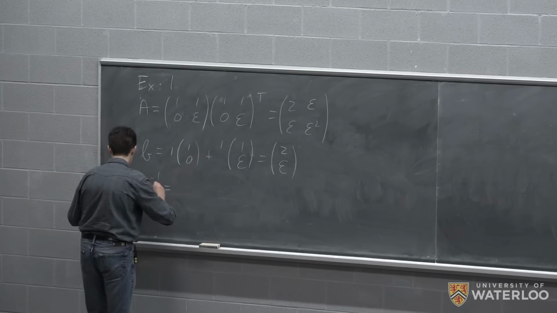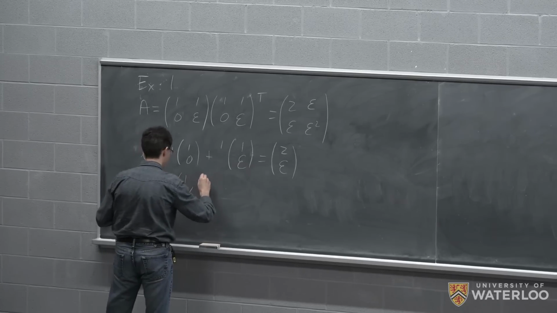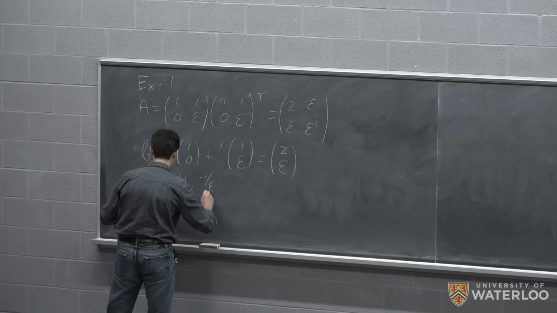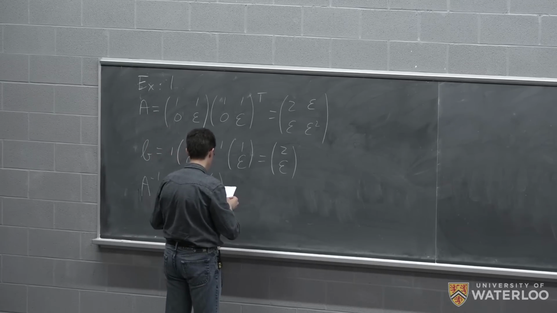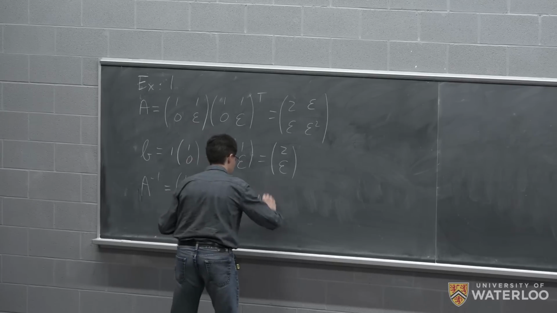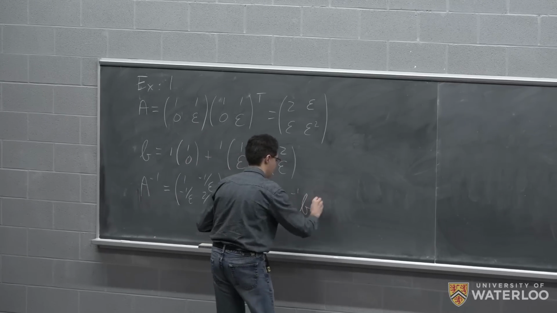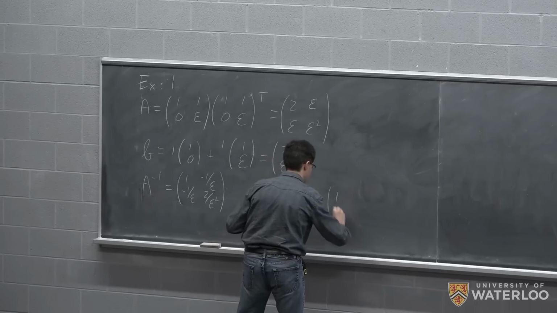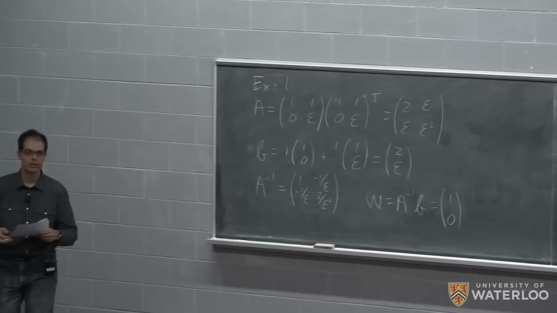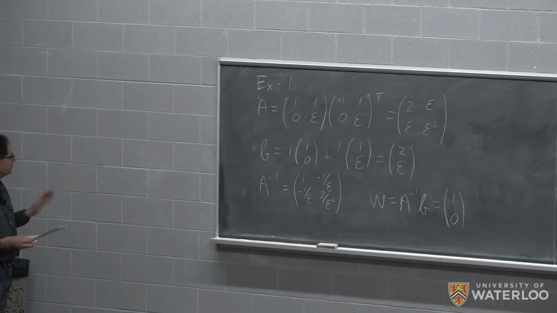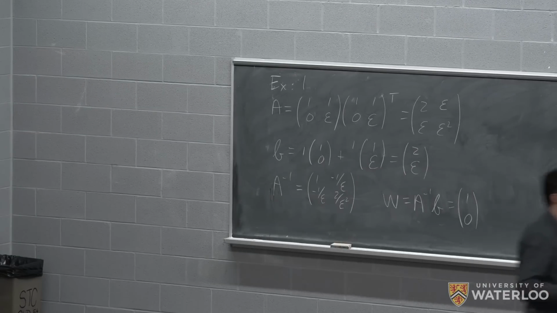So A inverse in this case happens to be [1, minus 1 over epsilon; minus 1 over epsilon, 2 divided by epsilon squared]. And W, our solution, is A inverse B, which is equal to [1, 0]. So this gives us a first numerical example of how the approach works.